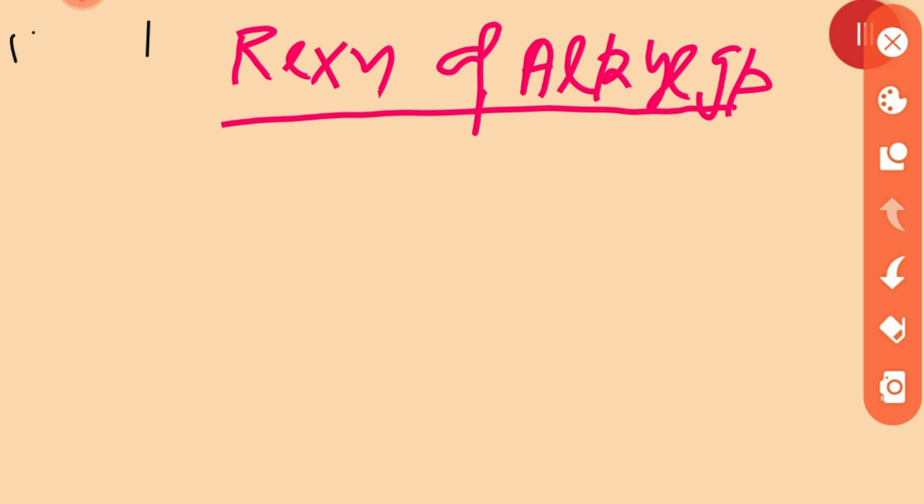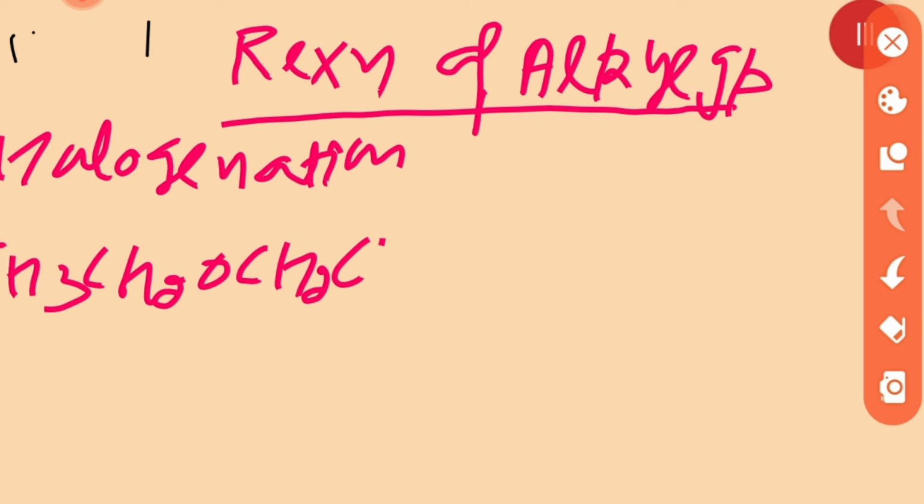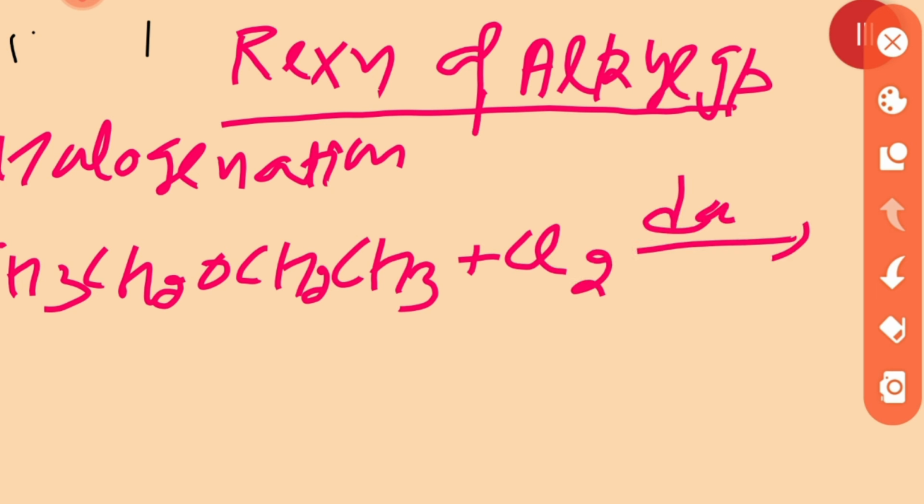Now you must see, all of you, we are doing halogenation with simple ethers, let it be CH3CH2OCH2CH3 plus Cl2, and this reaction usually occurs in the dark. Just remember, no sunlight, dark.